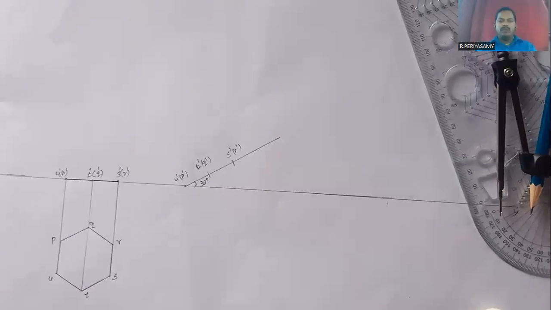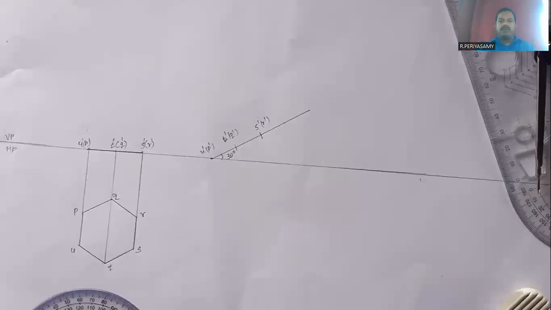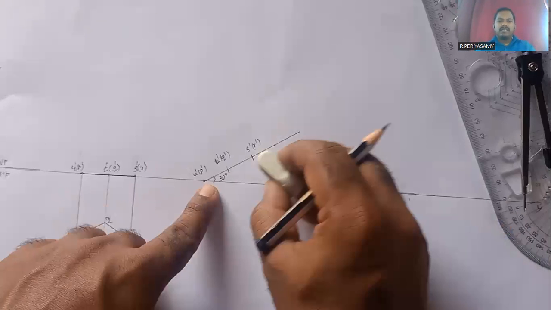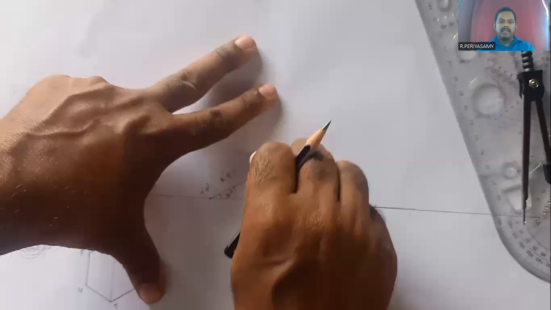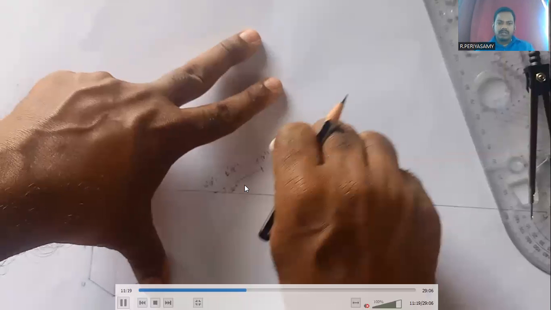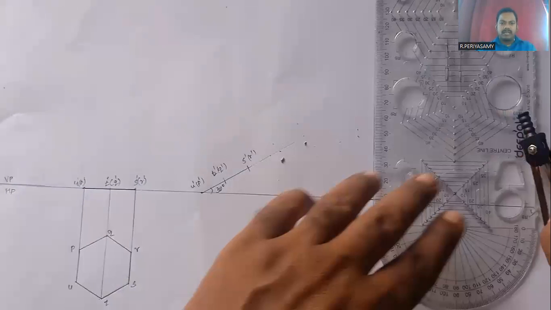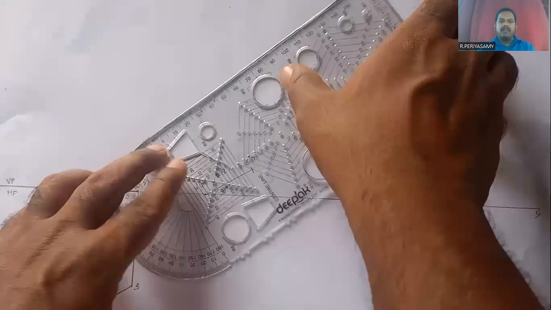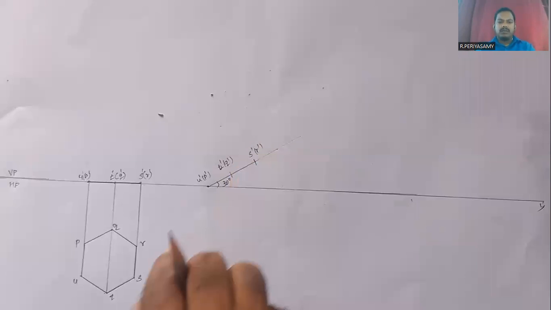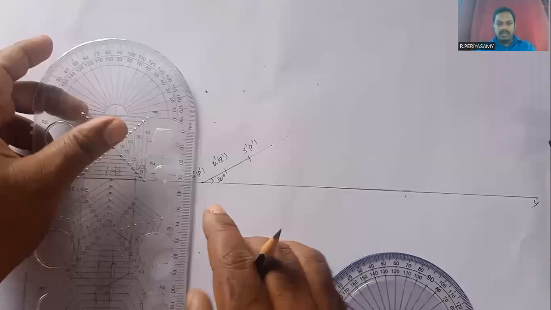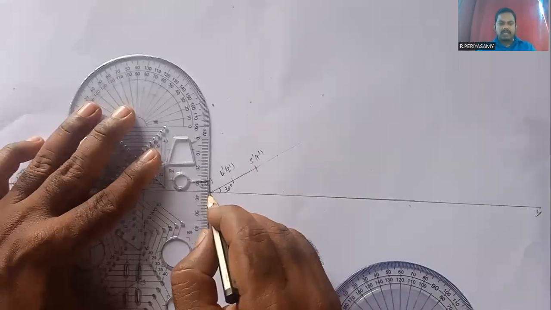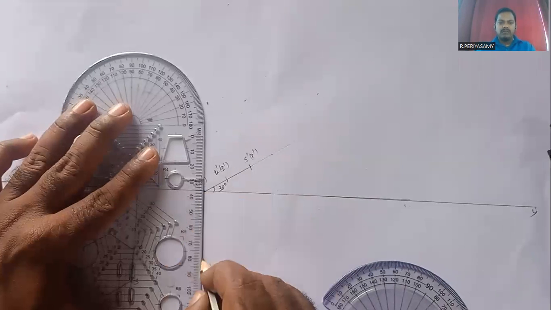Now when the hexagonal plane is inclined at 30 degrees, we have drawn its front view projection. Next we have to draw its top view projection. When the hexagonal plate is inclined at 30 degrees, we have to draw its top view projection. For that purpose we extend the front view points in the downward direction.